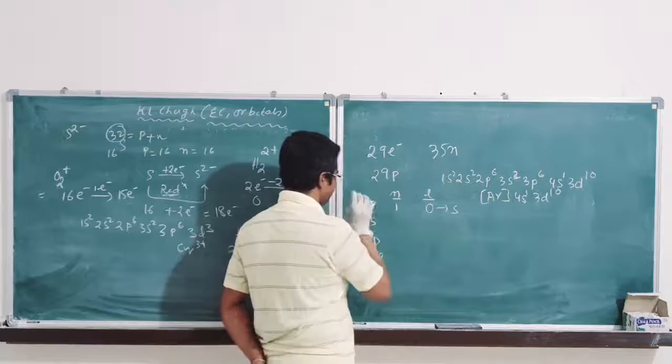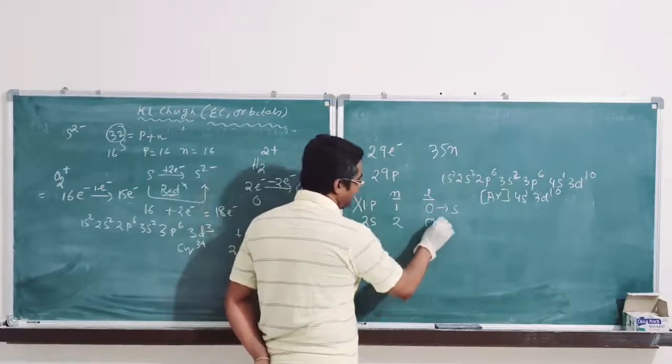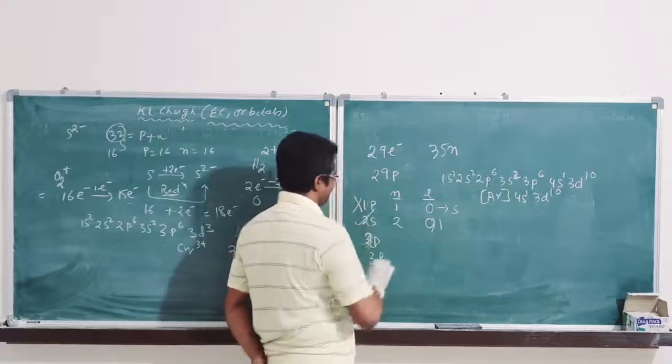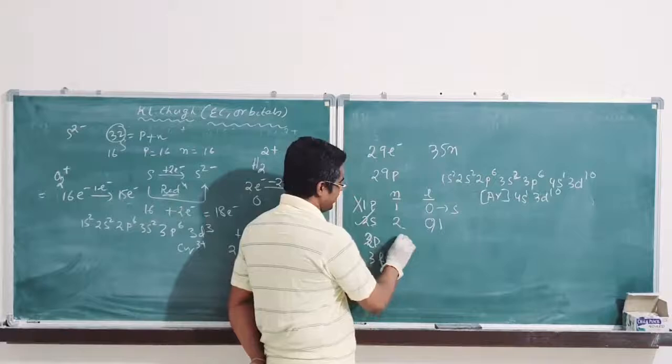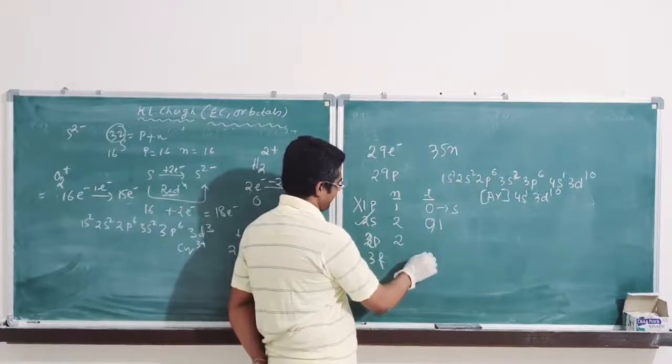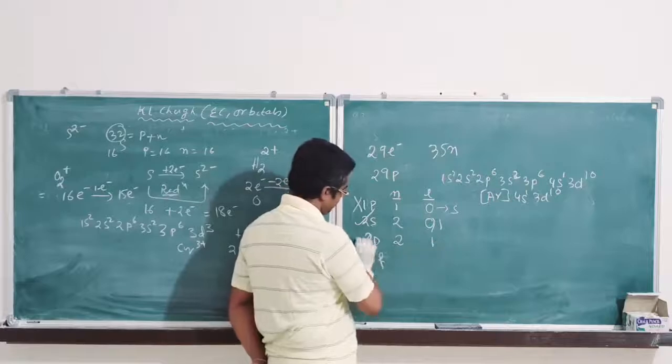So this is wrong. For 2, l can be 0 or 1, so 2s is a possibility. Next 2p: 2 can go maximum up to 1, so l = 1 means p. This is also possible.